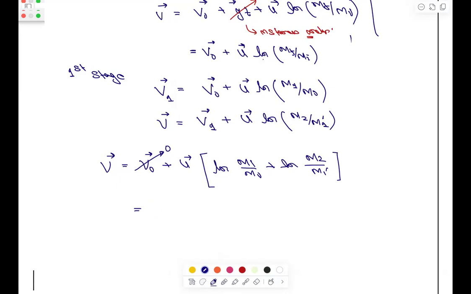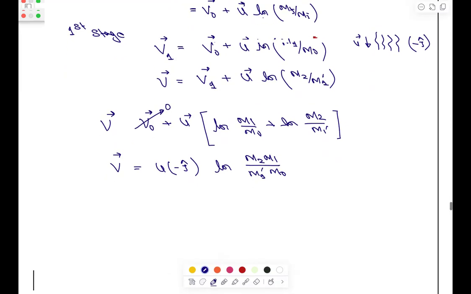U is exhausting downward, so let's say it is minus j cap. U is coming downward. So U into minus j cap, and here you have ln, multiply it. So M2 M1 upon M1 dash M naught.